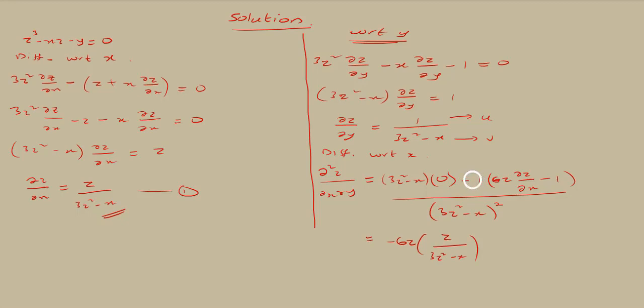Then minus times minus will give me plus 1, everything over 3z squared minus x all squared. This will be equal to, opening this bracket, minus 6z squared all over 3z squared minus x, plus 1. That's at the numerator, all over 3z squared minus x all squared.